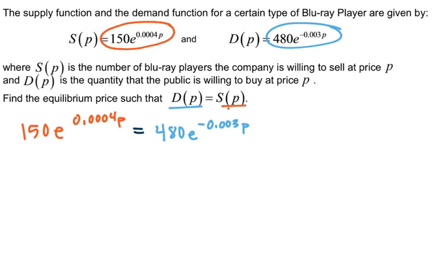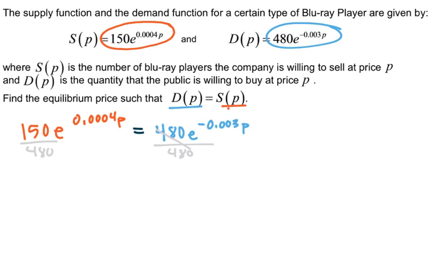So this can get a little tricky, and I like to show you this example just so you see this method of manipulation that we're going to use to help us solve this. One thing I could do is divide by 408 on both sides.